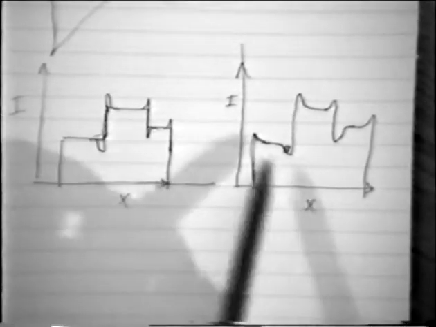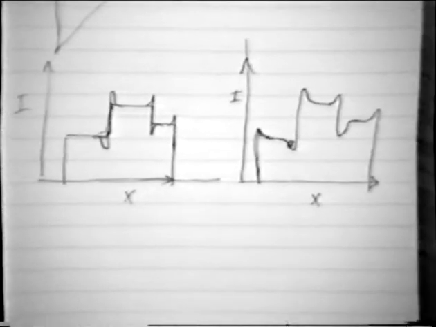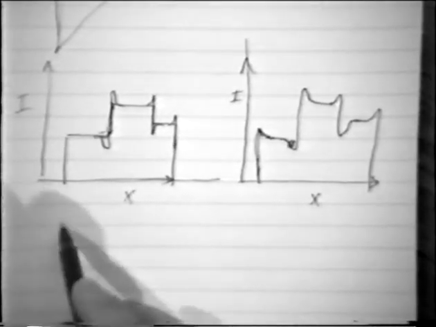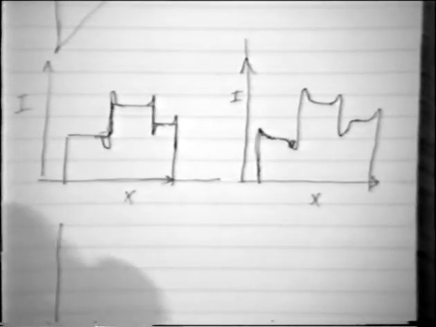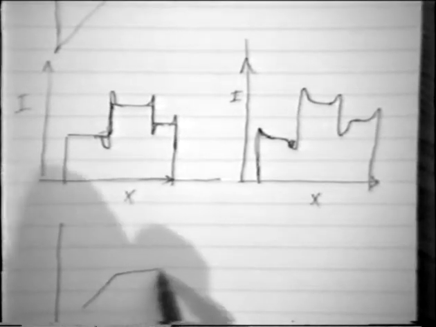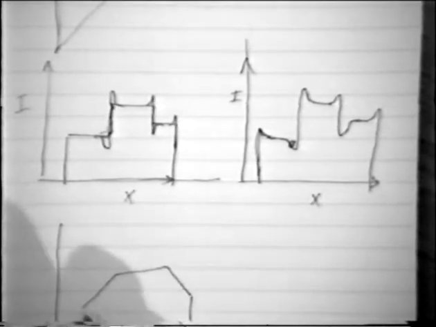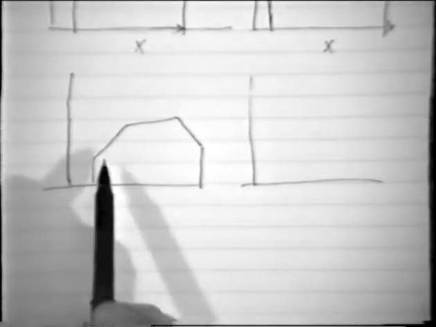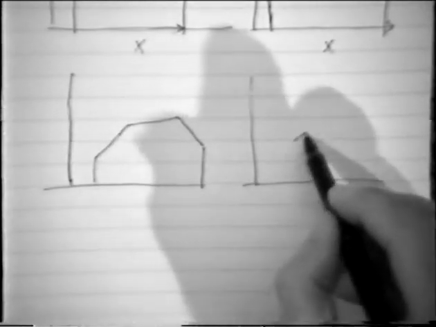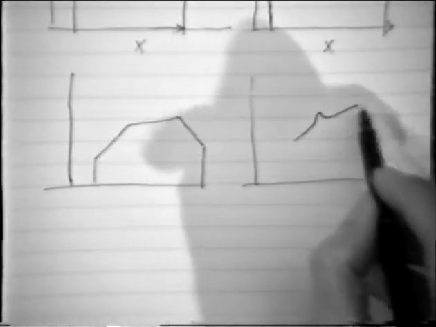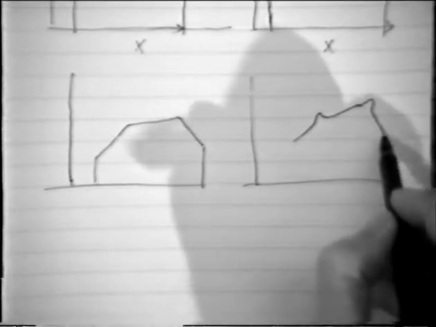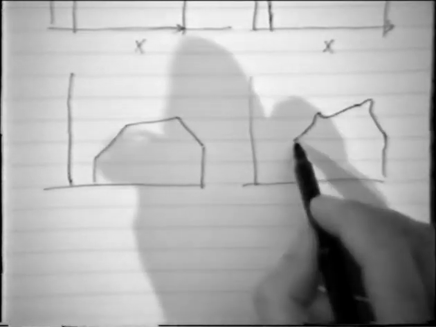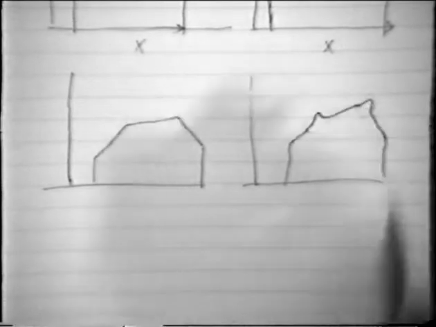Now, this is going to happen to any sort of intensity profile that you get here. And in addition, it's going to happen even if you're using a linear approximation to the surface. So just the Gouraud shading itself is not going to solve all of our problems. If we have an intensity profile that goes like this, the eye is going to make little lumps here at the transitions.